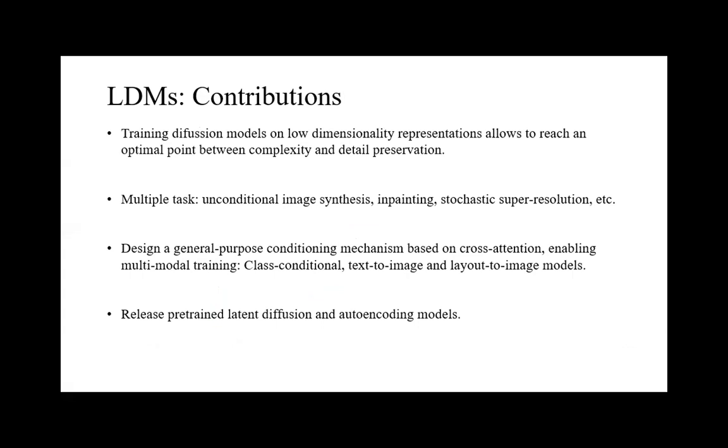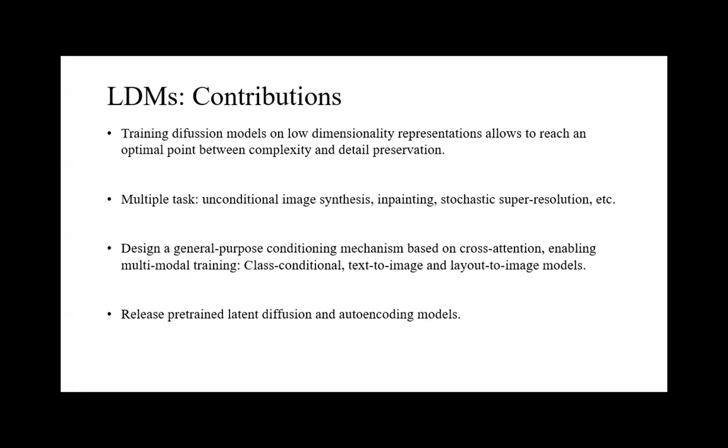The other contribution is that these models can be applied to different tasks, such as unconditional image synthesis, inpainting, super resolution, and text-to-image translation. They also design a purpose-built conditioning mechanism based on cross attention. I'm going to explain that later.